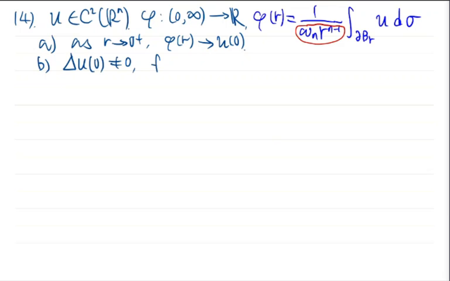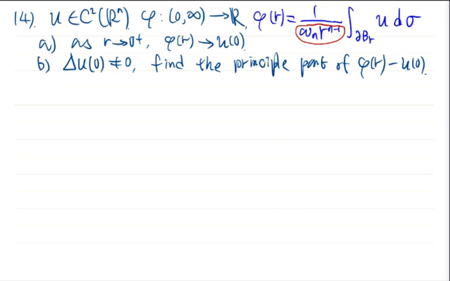Then find the principal part of phi r minus phi 0, that is, minus u at 0. Okay, these are the two questions.